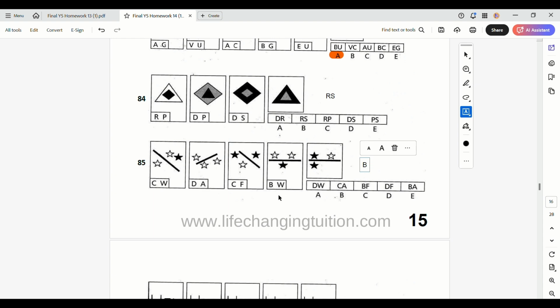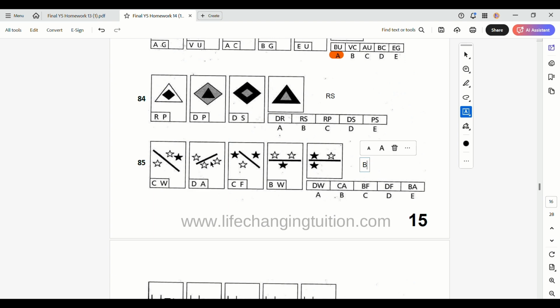It's probably the number of stars. Not the number of stars, the color of stars and the number. So if you look at C, look at W, there's a black and a white on the same side. A, there's 2 whites on the same side.